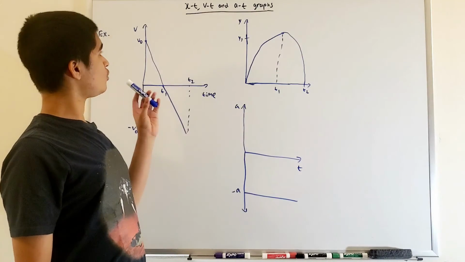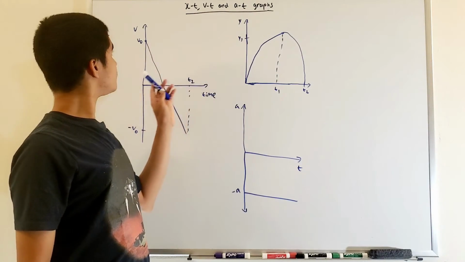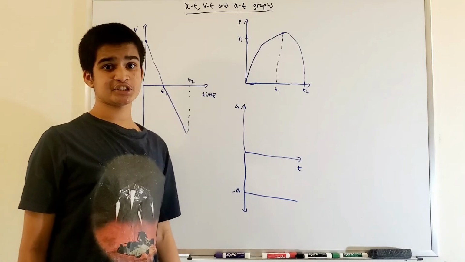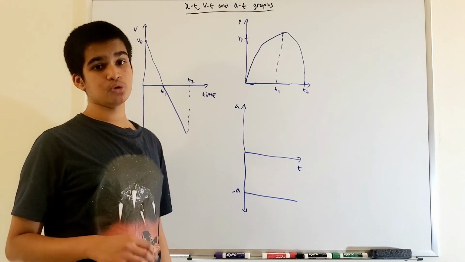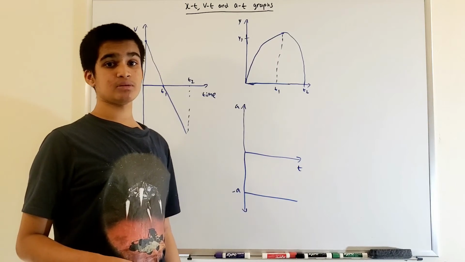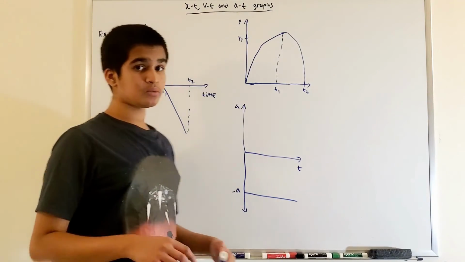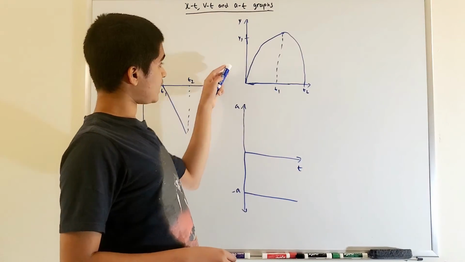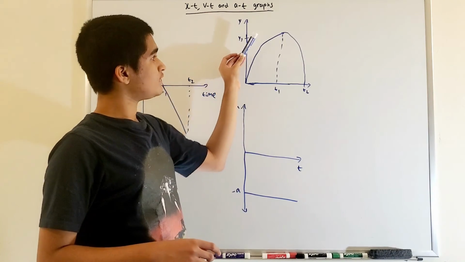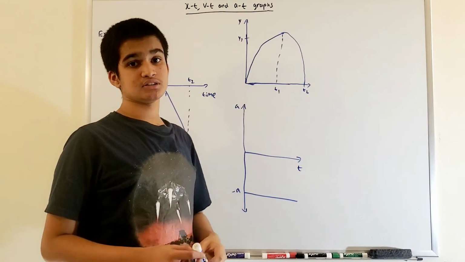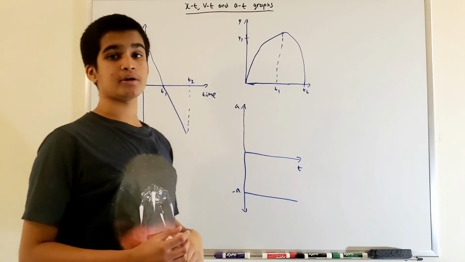After drawing your displacement time graph, velocity time graph, and acceleration time graph, it is always good to check whether the graph you drew makes sense using some mathematics. So one way I like to do it is to compare the slope of the tangent line at a couple of points to see whether it matches up with all my graphs.